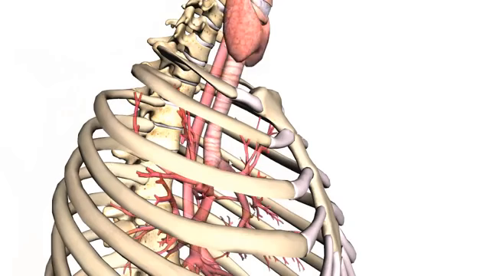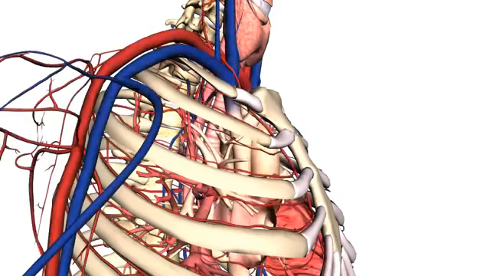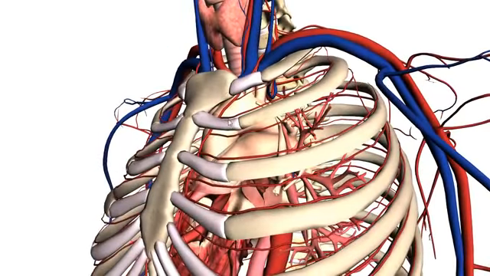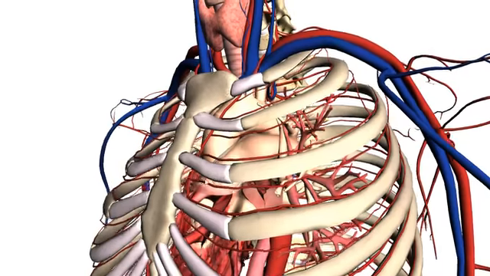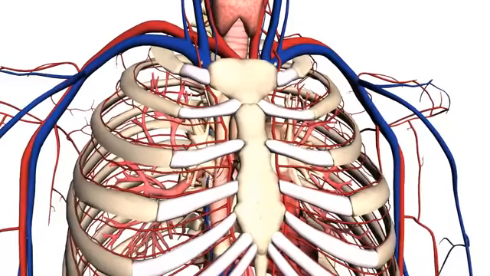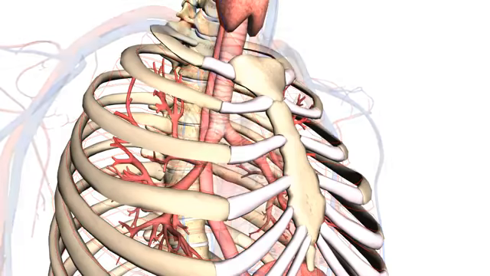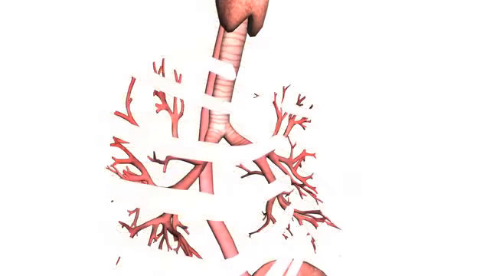So you can see that is roughly at the level of T4, T5, and I can't quite see it, but the arch of the aorta is also known. The beginning and end of the arch of the aorta is roughly at the level of T4, T5. So that's how vertebral levels are used to identify anatomical landmarks. So they're a good thing to know in that respect.